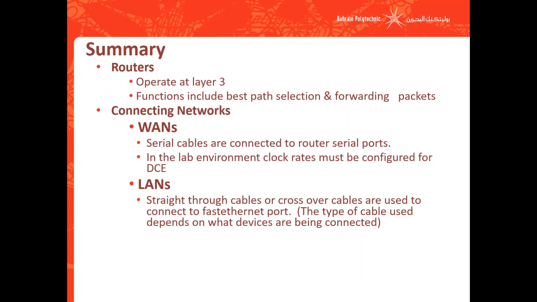Again, we spoke about how routers basically find the destination and where to forward the packets. And we also looked at the WAN and LAN connections. These are basically serial ports and these are Ethernet ports, and they have different functionalities and features.